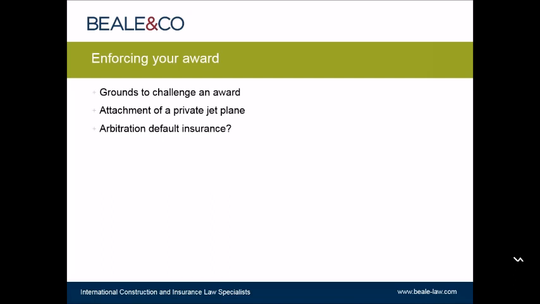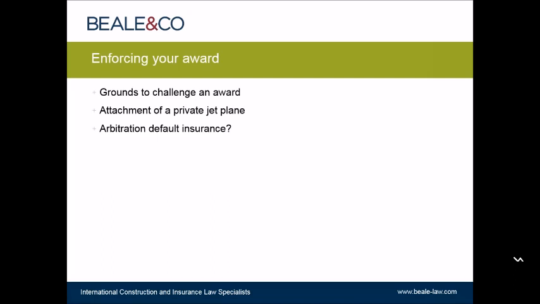Now, a consequence of enforcement is attachment of the unsuccessful party's assets. To give you an example, during the recognition and enforcement proceedings of an award rendered against Thailand under the Germany-Thailand Bilateral Investment Treaty, the Crown Prince of Thailand landed his private jet plane at a German airport.